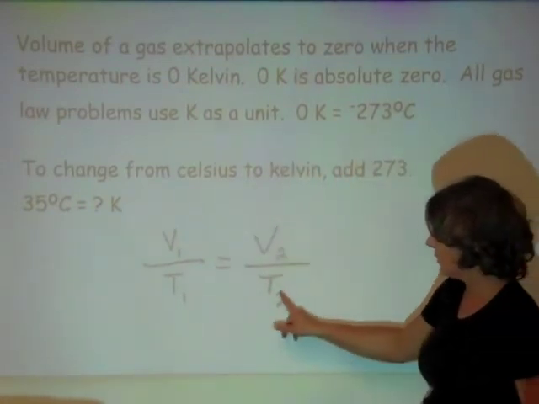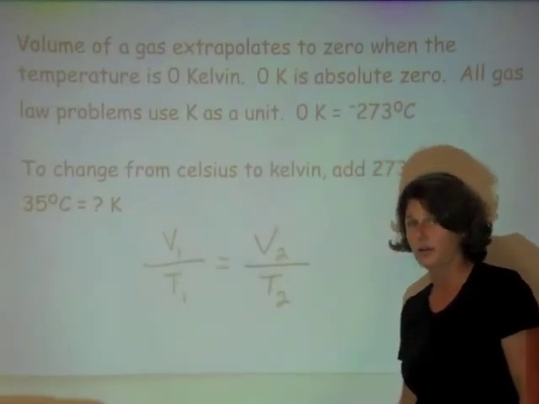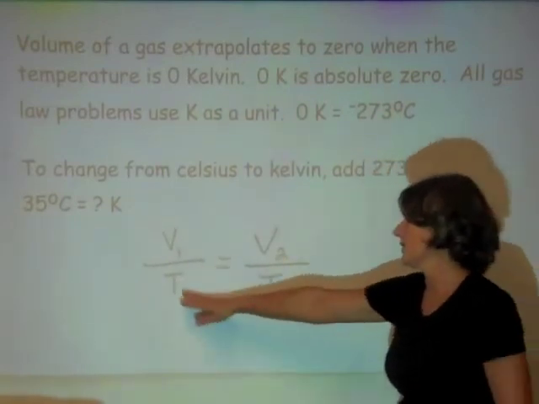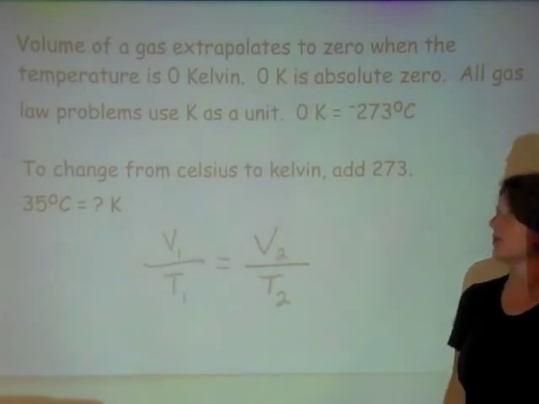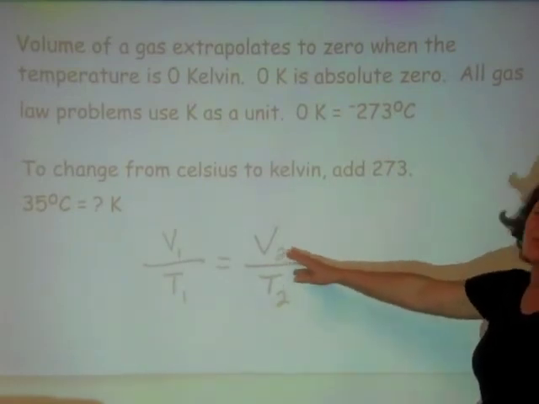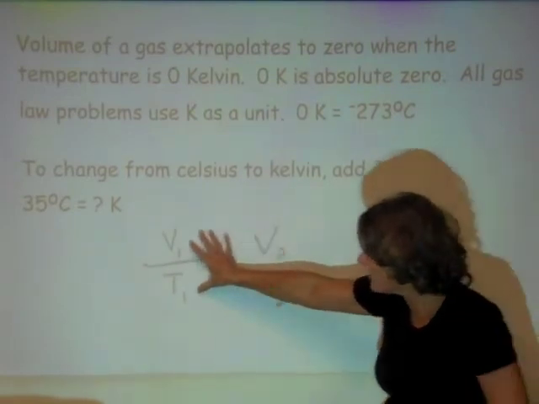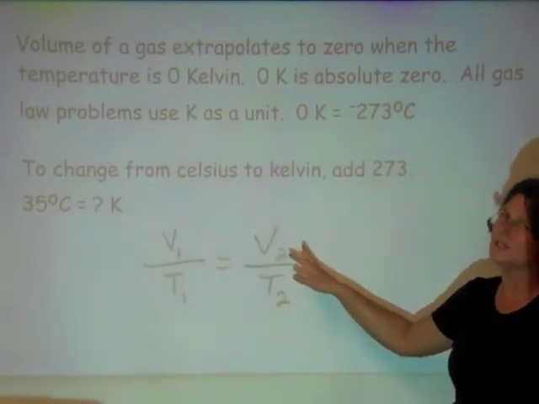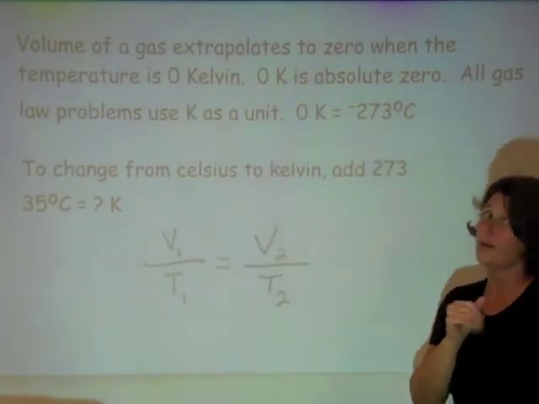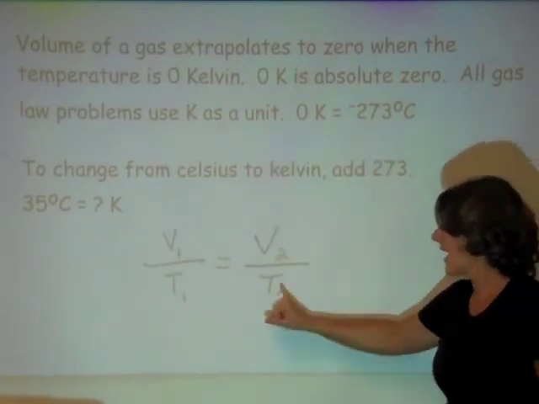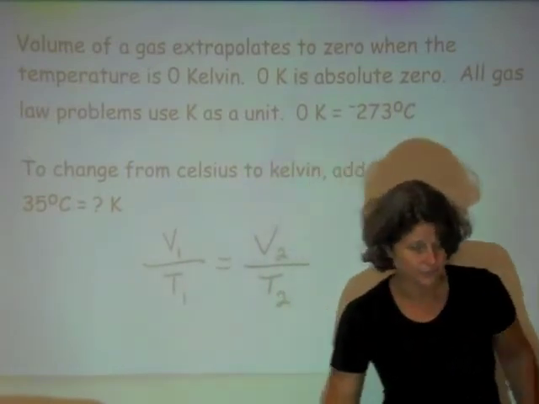So whenever we are solving here, we always have to use Kelvin for our temperature. It doesn't matter if we use liters or milliliters, that would be all right. It has to be Kelvin. Okay. I'm just rolling through these really fast.